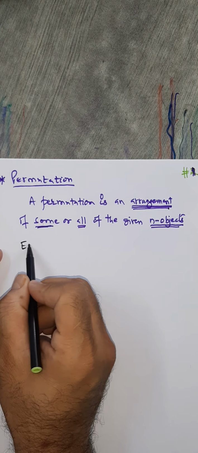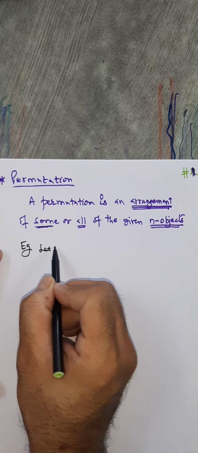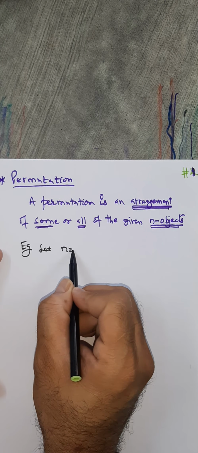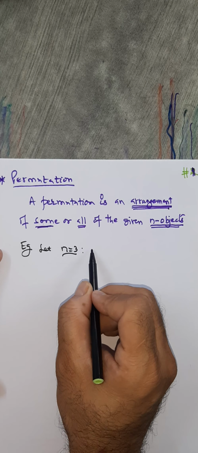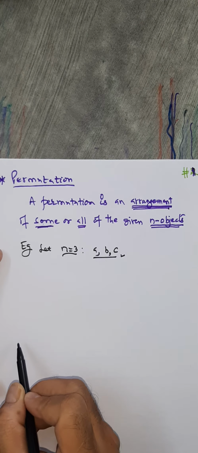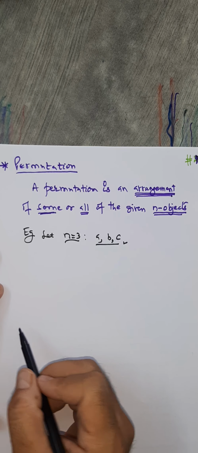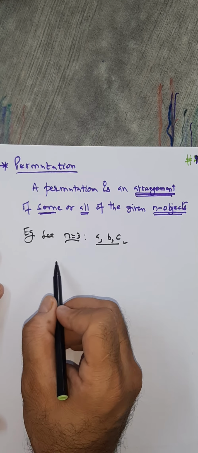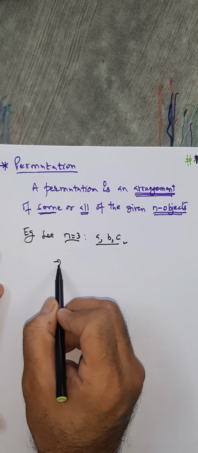Like here, for example, let's take, I have n equals to 3 objects. Let's call A, B, C. These are the 3 objects. Now suppose I'm taking 2 out of these 3. Then what are the arrangements?